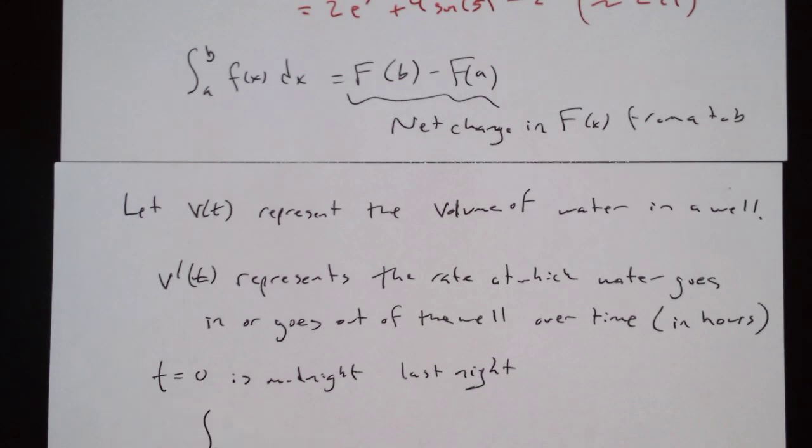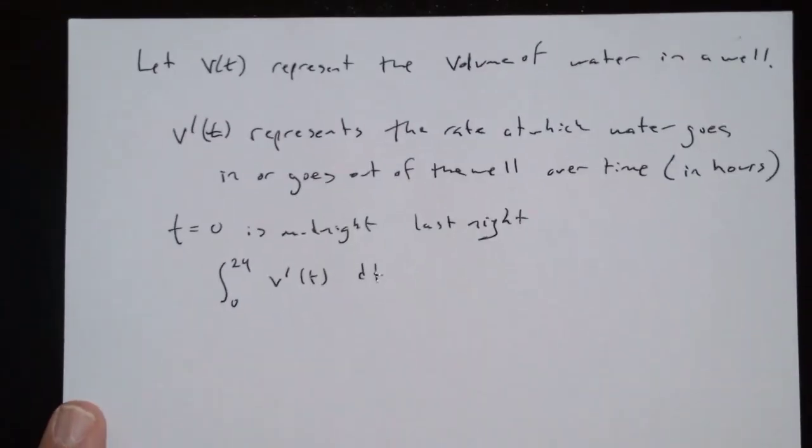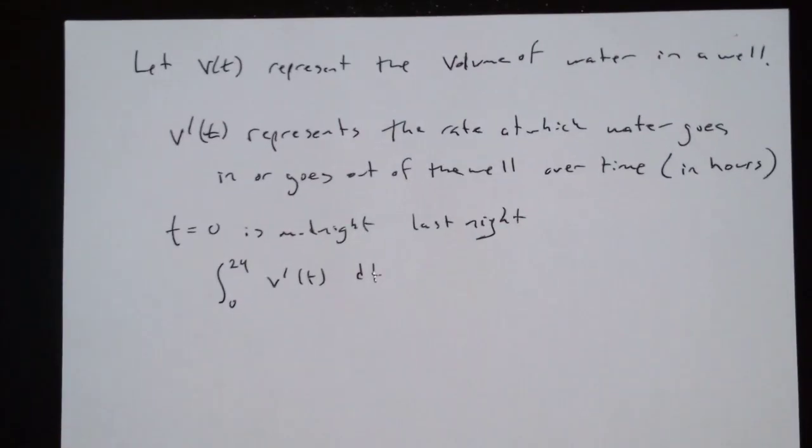So what does this represent? Don't give me a number. Can't give me a number because I don't have a formula for V or V prime or anything like that. But what does this represent as an idea?